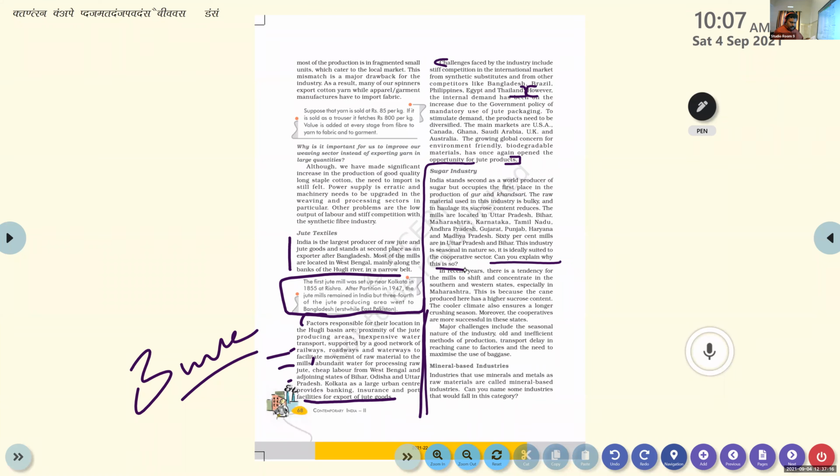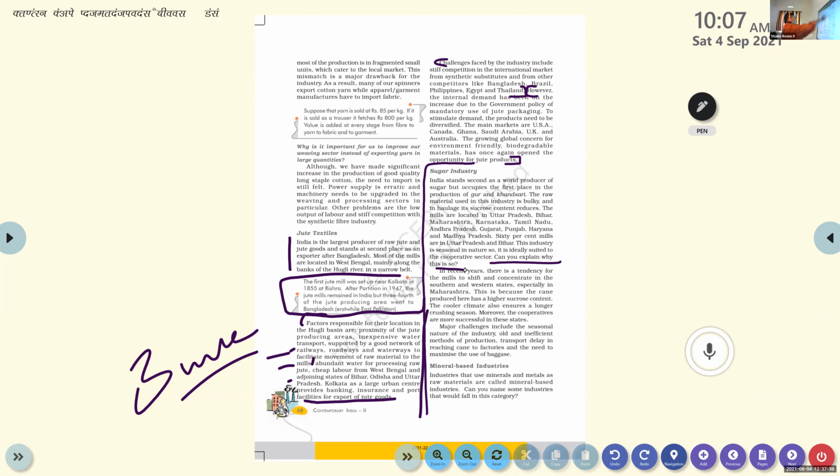Please write down the question. Factors for the concentration of jute mills in West Bengal. What are the factors responsible for the concentration of jute mills in West Bengal? Write the question.